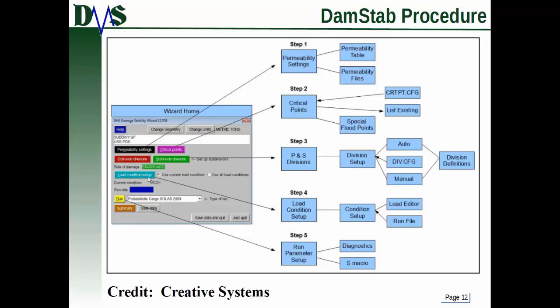Now we go on to step 3. And this is the big step. This is where you will spend a lot of your time, where you create the subdivisions. Remember how I told you that there are all these combinations of compartment flooding that you can consider.